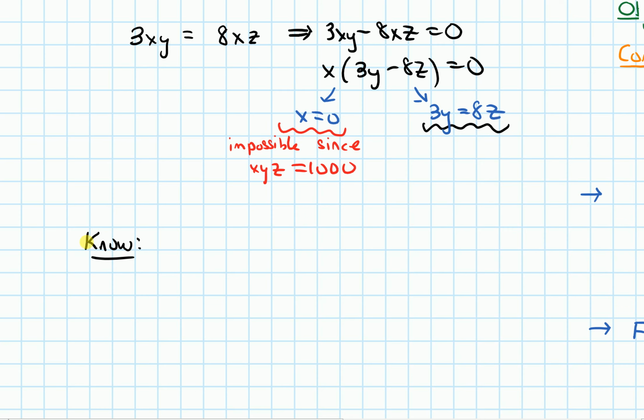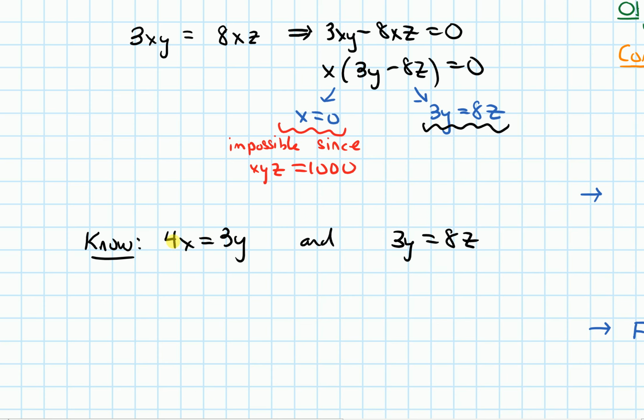All right, so we do have this equation, 3y equals 8z, to work with. At this point, there are two equations like that we've gotten. The first was 4x equals 3y, and the other one that we just got now is 3y equals 8z. So let's isolate one of the variables in each.